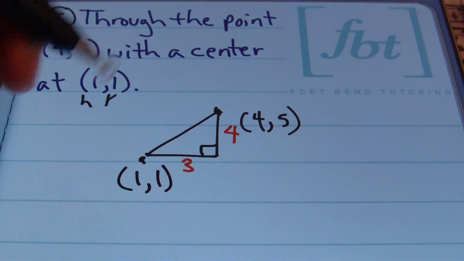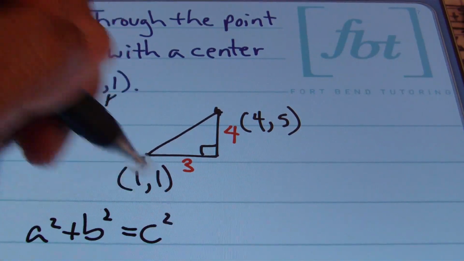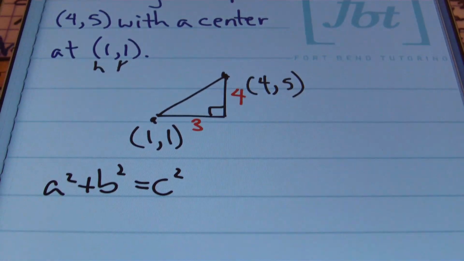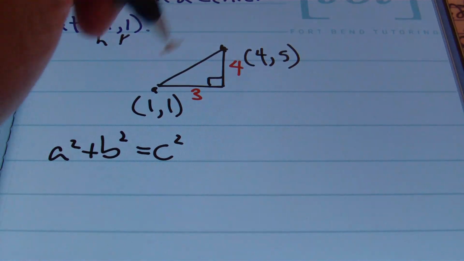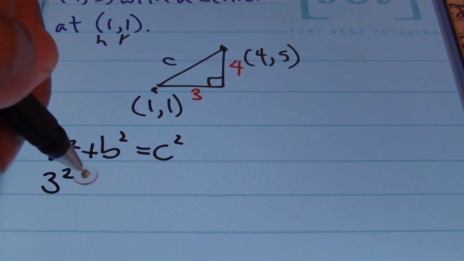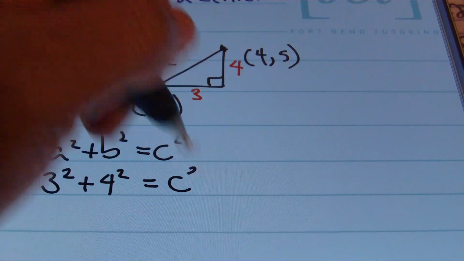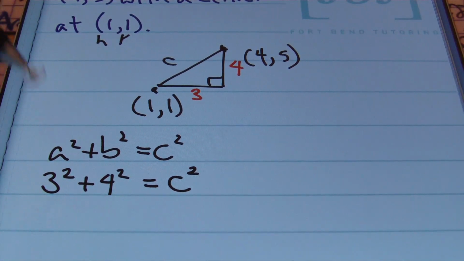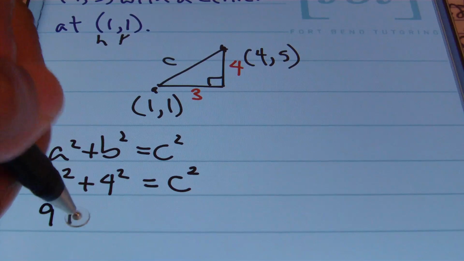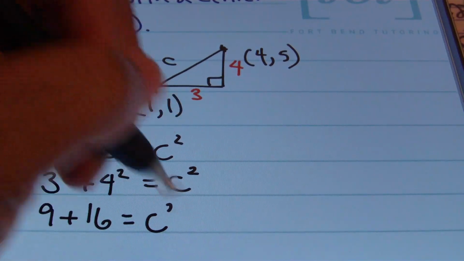Your Pythagorean theorem is a squared plus b squared equals c squared. So using substitution, if I'm to solve for this value of c right here, the hypotenuse, I'm going to go ahead and plug in these values of 3 squared for the first leg plus 4 squared, which equals my c squared. All right, 3 squared is going to give you a value of 9, and 4 squared gives you a value of 16, which equals c squared.